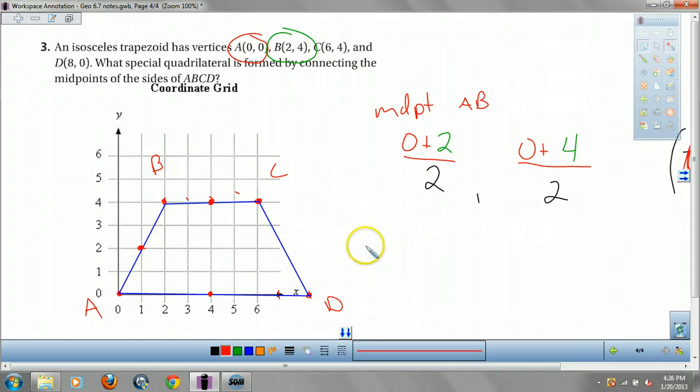Now we have to find the midpoint of CD. Same formula: add the x's together and divide by 2, add the y's together and divide by 2.